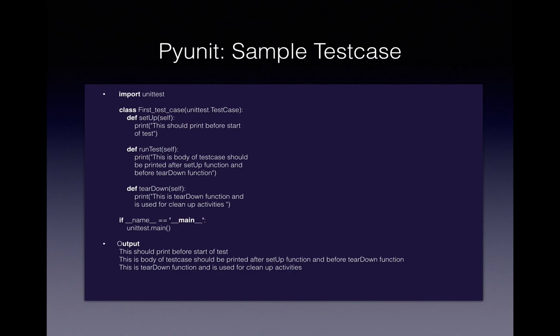So whenever we execute this class or this module, this output will be given. Whatever is printed in the setUp function gets printed first, then what is within runTest is printed, and then what is given in the tearDown method is printed at the end.